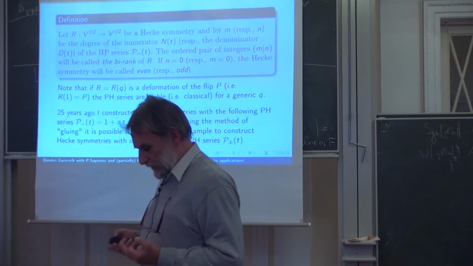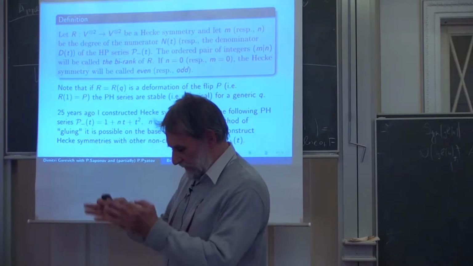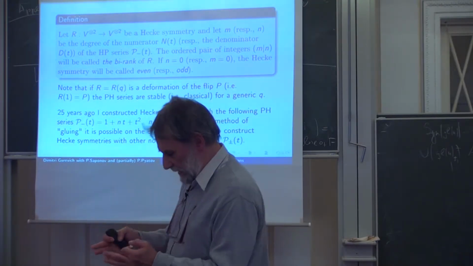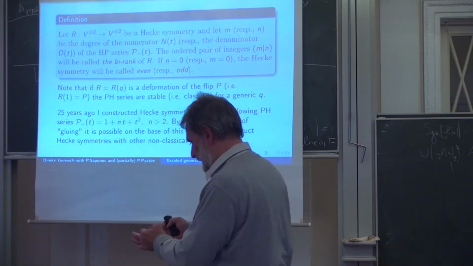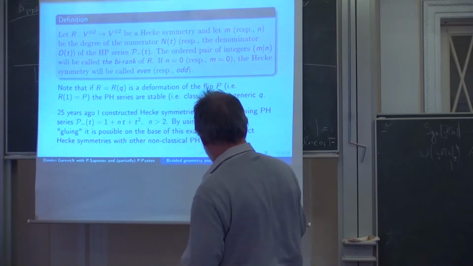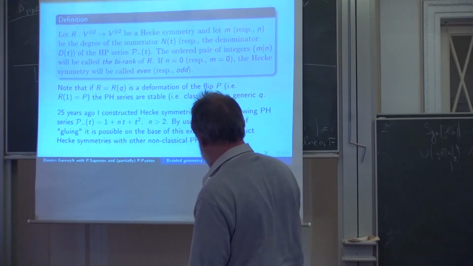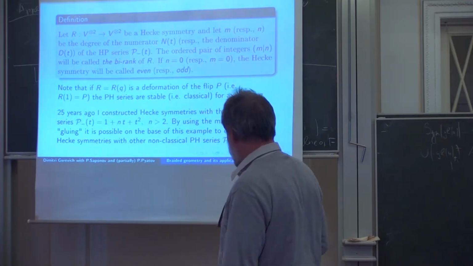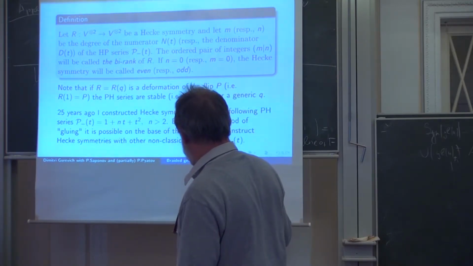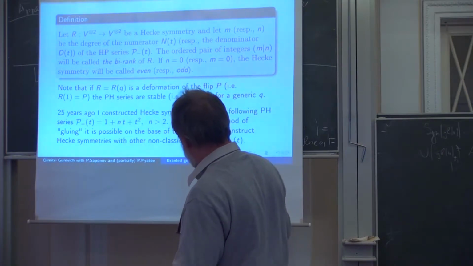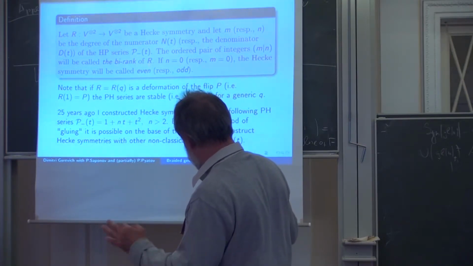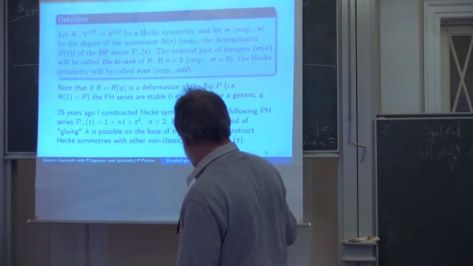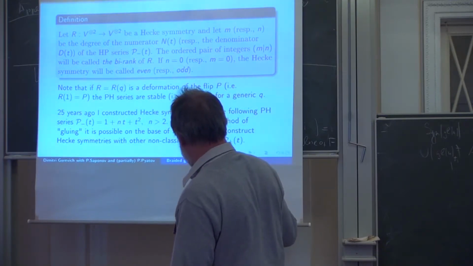You know that in the super situation, we have the dimension of the even part and the dimension of the odd part. We have two numbers. It is just an L of m. I call this couple the B rank of R. In this situation we call the braiding even, in this situation we call it odd.